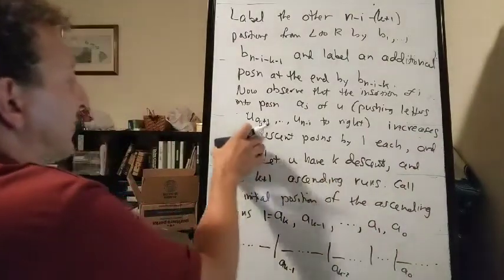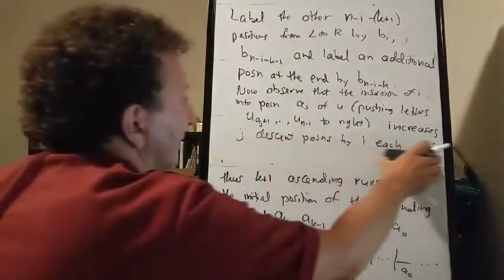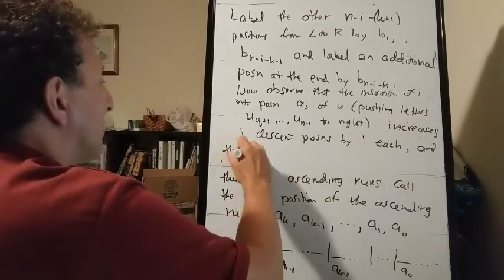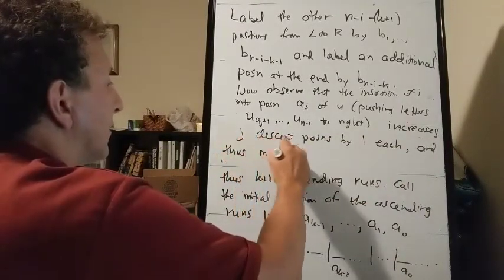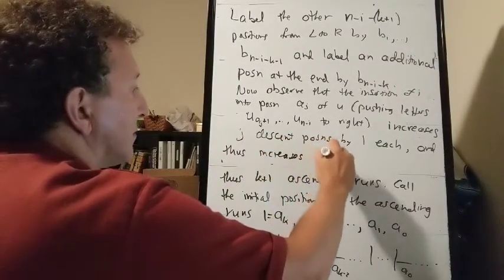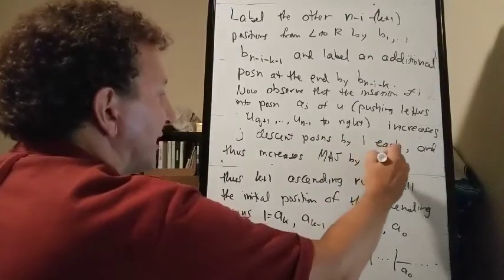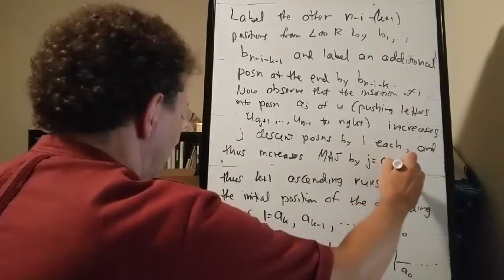And therefore it increases the major index by J, which is anywhere between 0 and k.